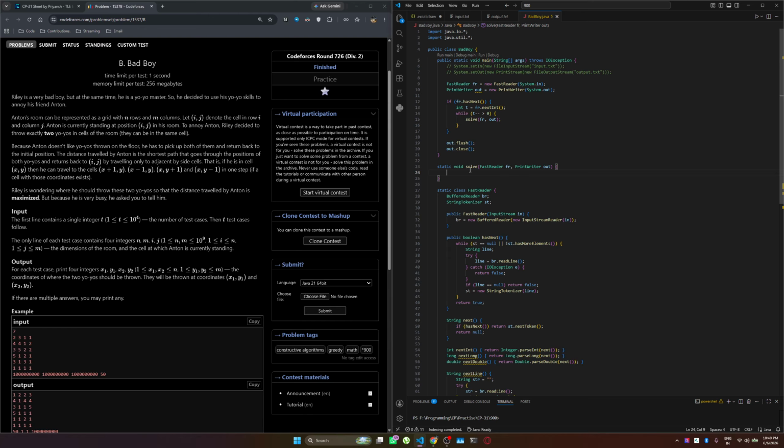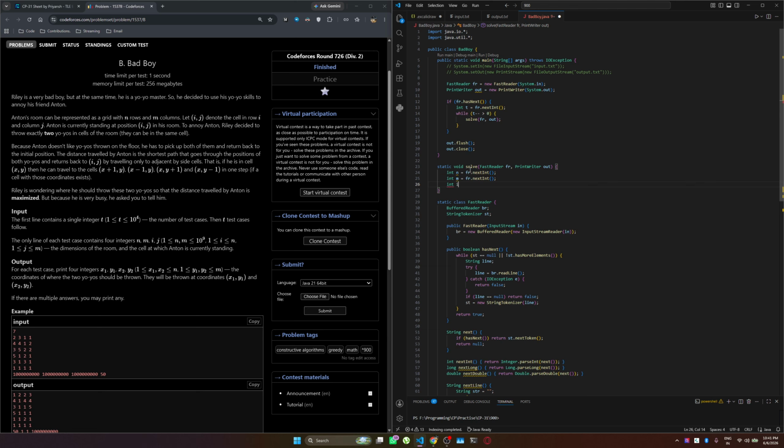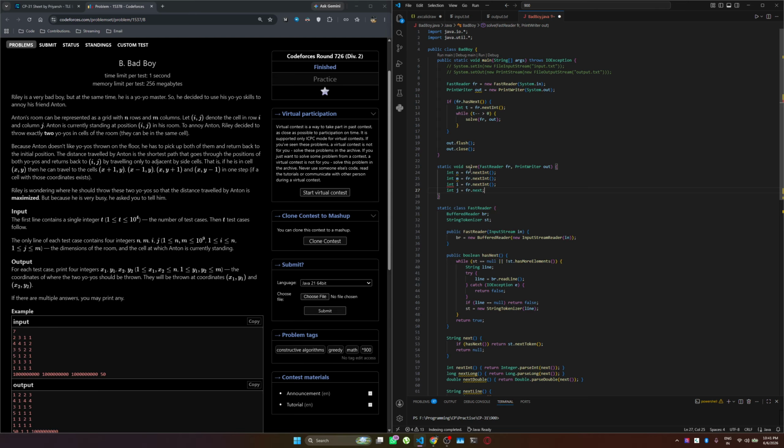So let's take the input. Oh, sorry, 10 to the power 9, right? I think we can take n equals next, m equals next, and i equals next, and j equals next.